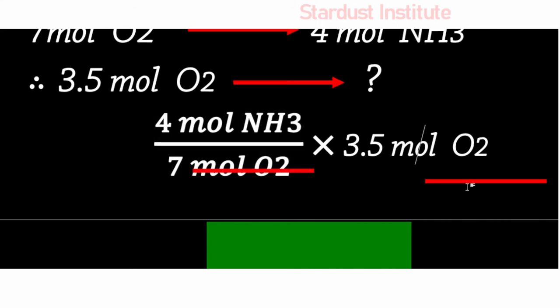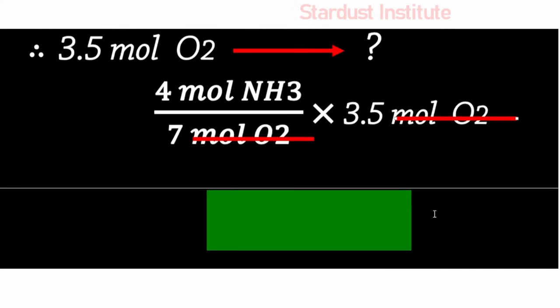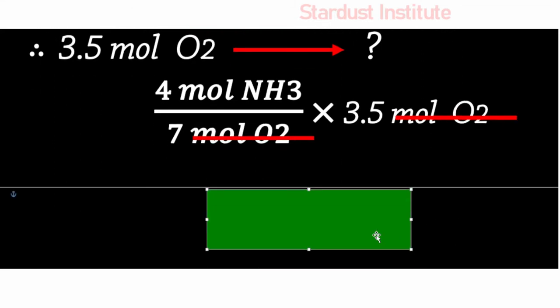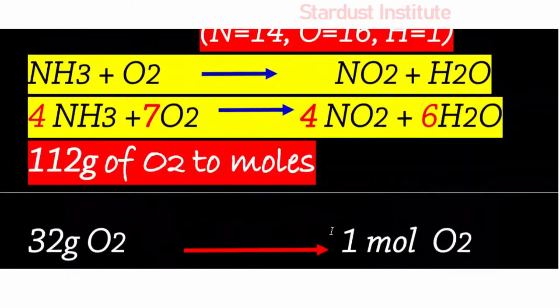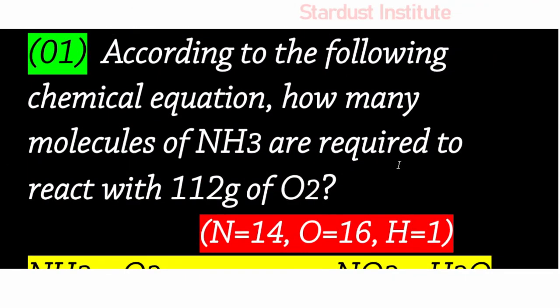Mole O2, mole O2. Now we get 2 moles of ammonia. To react with 112 grams of oxygen, 2 moles of ammonia are required.